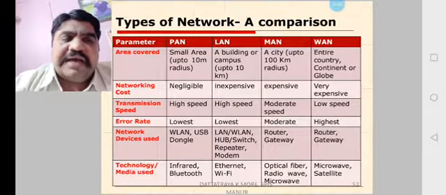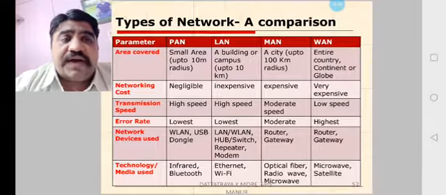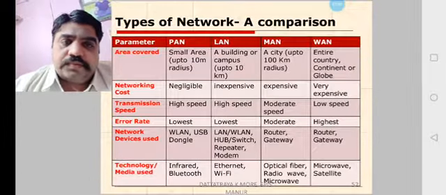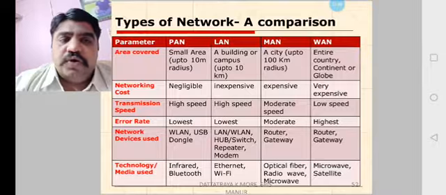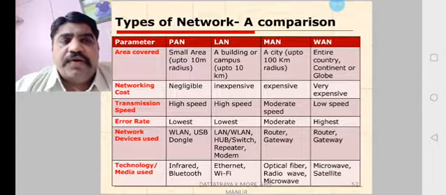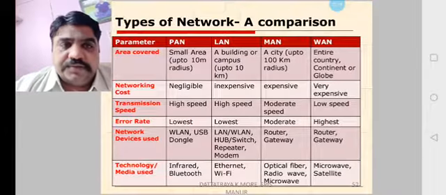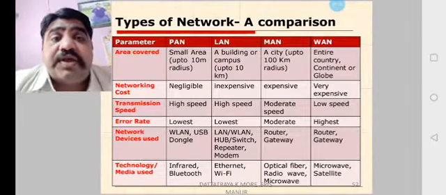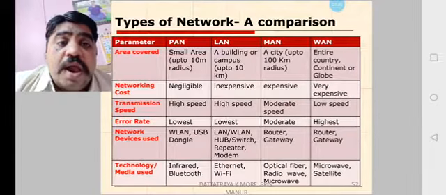In PAN it's high speed, and in LAN also high speed. MAN is moderate speed, and WAN, compared to all these, is low speed. Error rate. PAN has the lowest error rate, LAN also lowest, MAN moderate, and WAN highest. I just explained the security issue, which can be considered an error also.